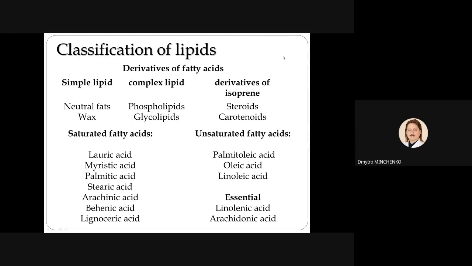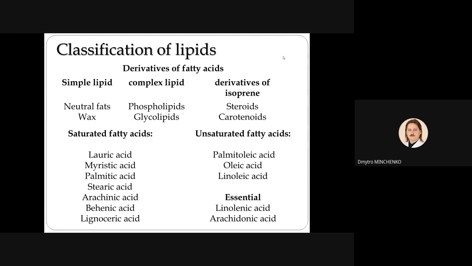Classification of lipids. Derivatives of fatty acids: we have simple lipids, complex lipids, and derivatives of isoprene. Simple lipids give us neutral fats and wax, complex lipids are phospholipids and glycolipids, and derivatives of isoprene are steroids and carotenoids.